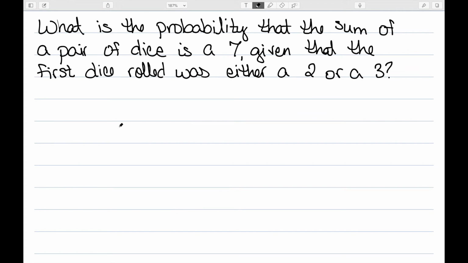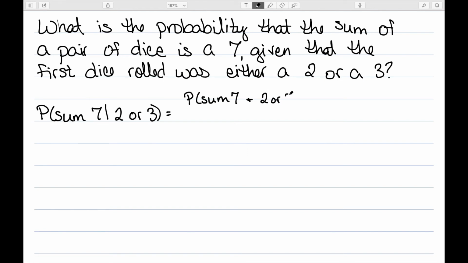What is the probability that the sum of a pair of dice is a 7, given that the first die rolled was either a 2 or a 3? So once again, I want the sum to be 7. However, this time my first one is either a 2 or a 3. Well, we start with the probability of both. The probability we get a sum of 7 and the first one was either a 2 or a 3, divided by the thing we know. The first die is either a 2 or a 3. Well, as I think through the first one, we are rolling 2 dice, so we know it's going to be out of 36.